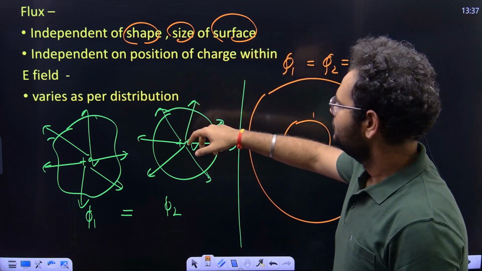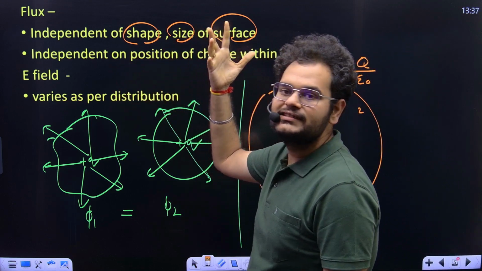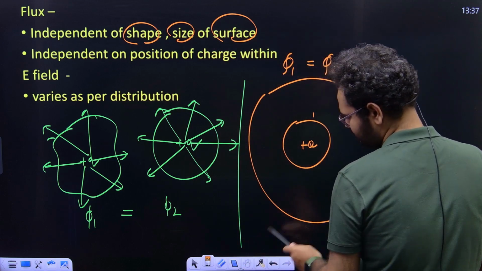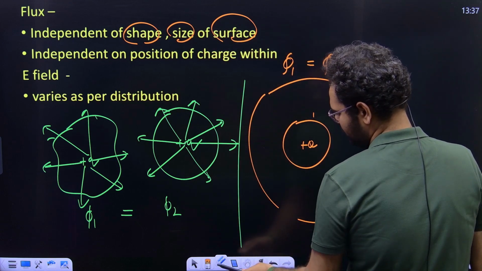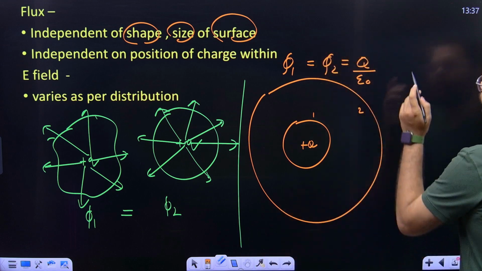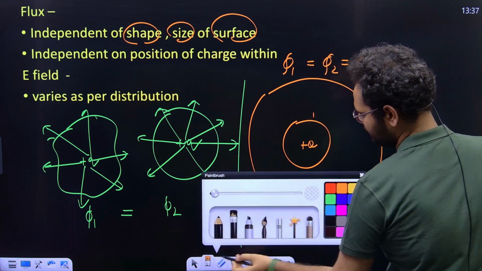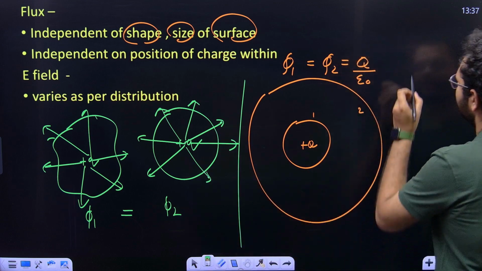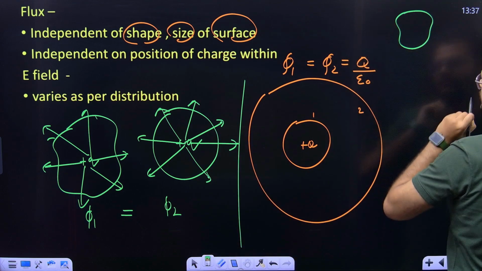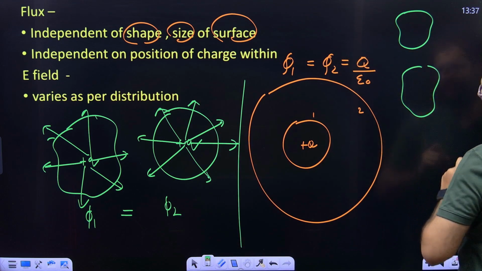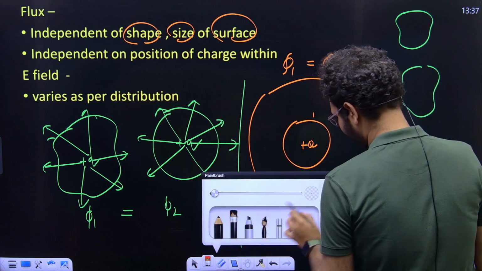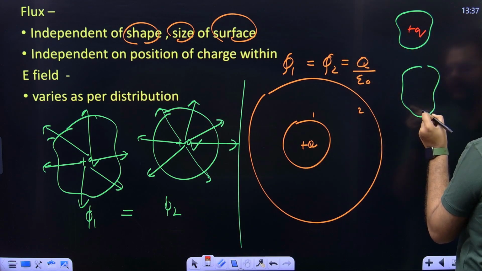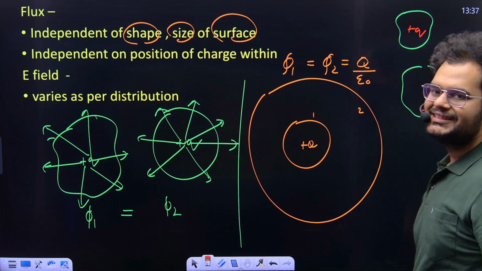Okay, then flux is independent of position. What I'm saying is, let us say, here we'll take another surface. Sir, what is that another surface? Let me discuss. Let us say this is one surface and a similar surface is this. First I will take charge plus q at the center and then plus q just inside the surface.